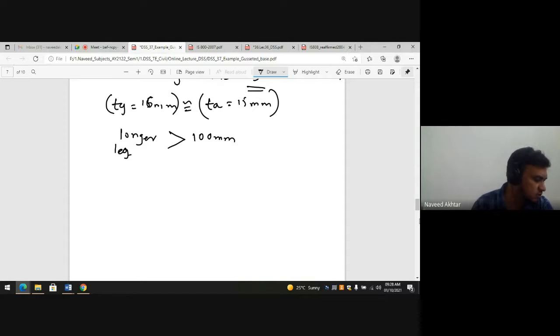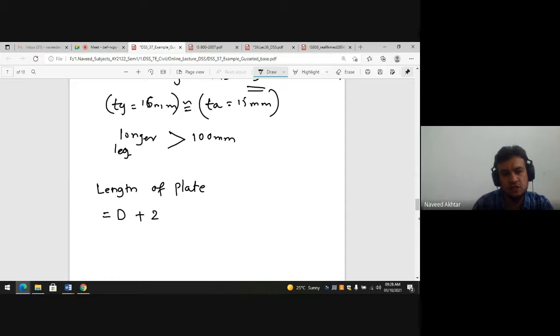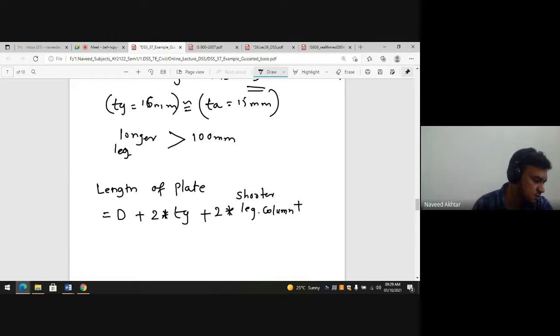Now you can find out the length of your plate, which is given by depth of column plus 2 times thickness of gusset plate plus 2 times the shorter leg of angle, because it is a gusseted base, plus overhang.